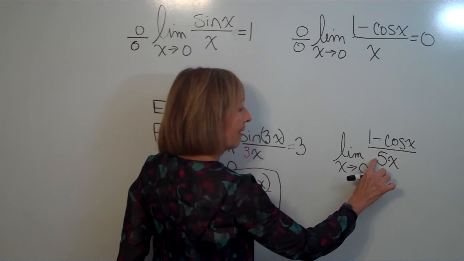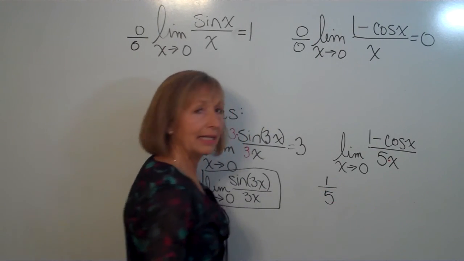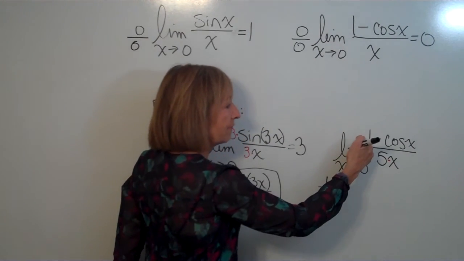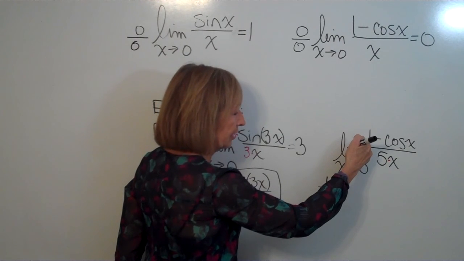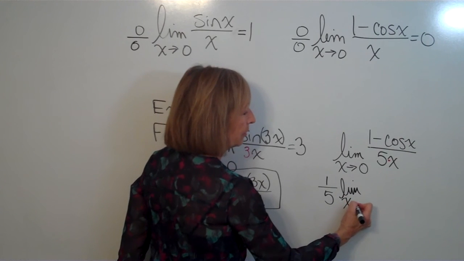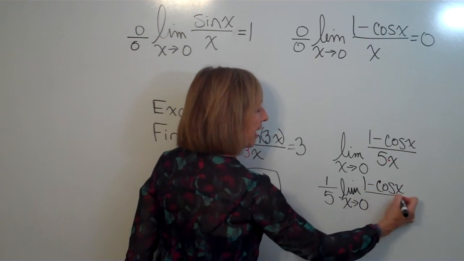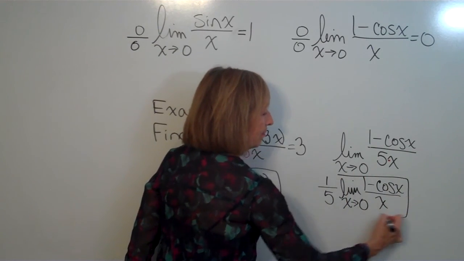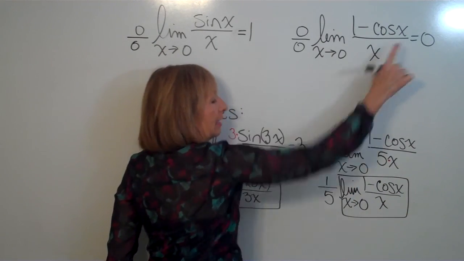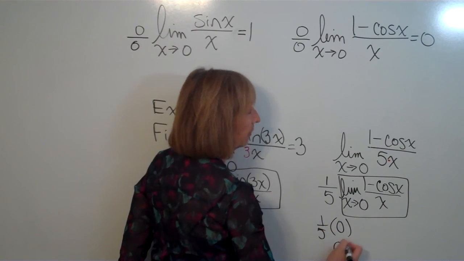So because that 5 is in the denominator, it's actually a 1/5 that is the constant factor in front of this function. And so it's 1/5 times the limit as x approaches 0 of 1 minus cosine x over x. By definition, that limit is 0, so it's 1/5 times 0, or 0.